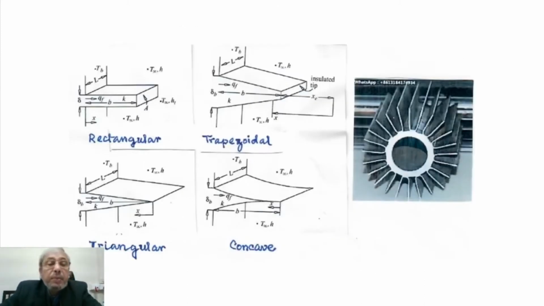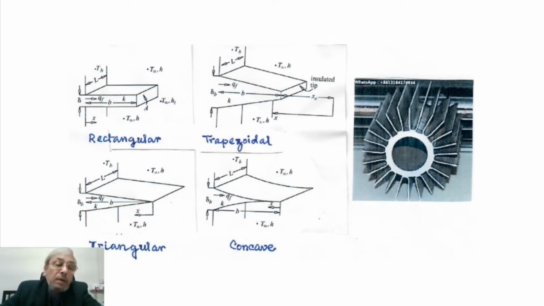Now here we have given typical examples of some fins. First one is called a rectangular fin. It is basically a rectangular projection that comes out from the base. Second one is called a trapezoidal fin.